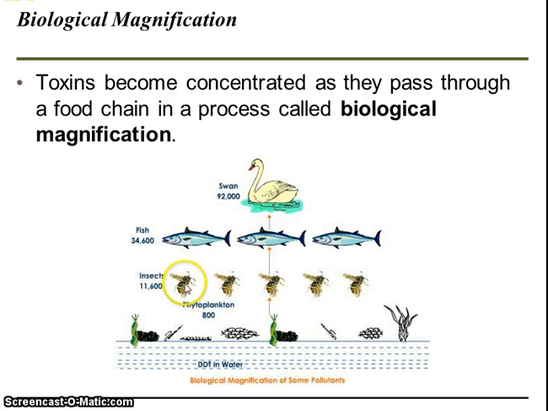And so they have more toxins in their system. And then the next level you go up, you get that magnification again and again. So that's why when we eat some fish, they have lots of mercury because they're higher on that chain. So when you eat a predatory fish, there's more than a lower level fish, for example.